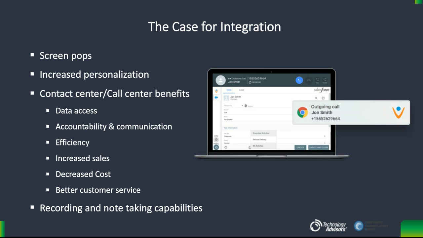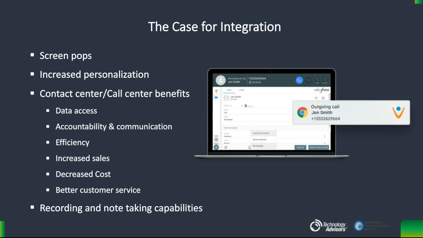Improved data access. So, your agents are getting the full scope of that customer data. All the data is organized centrally. Everything that is related to that contact, their purchase history, the conversations that they've had, that's all logged in there to make it easier to interact with the customers in a personalized and timely manner. And that increases your chances for first contact resolution, which the customer definitely always appreciates, right?